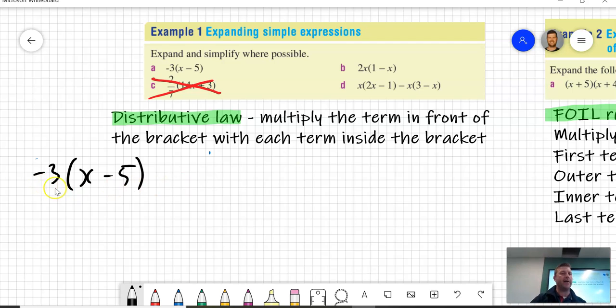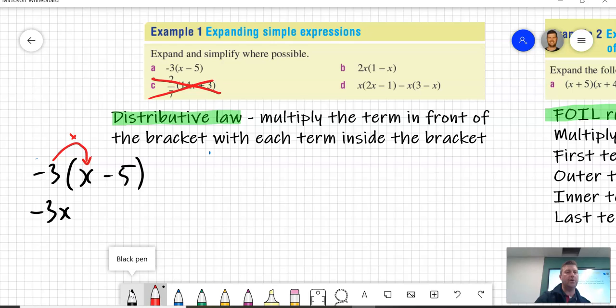So the term in front of the bracket is negative 3. How many terms inside the bracket? 2. Good. So I'm going to start by doing negative 3 times x, which is what? Good. Negative 3x. And then I'm going to do negative 3 times negative 5. Remember, the term includes the sign in front of it. So it's negative 3 times negative 5, which is positive 15, so I'd write plus 15.